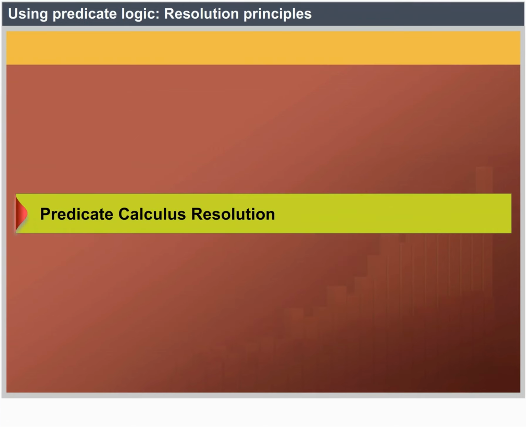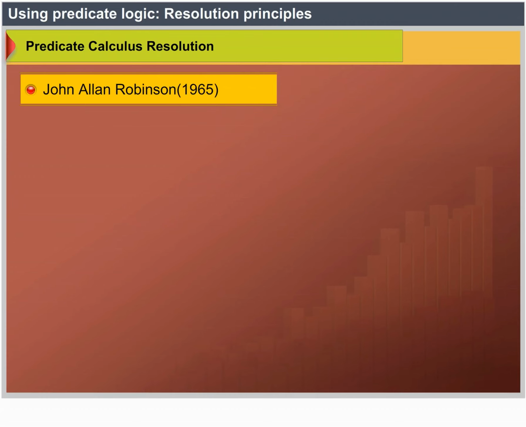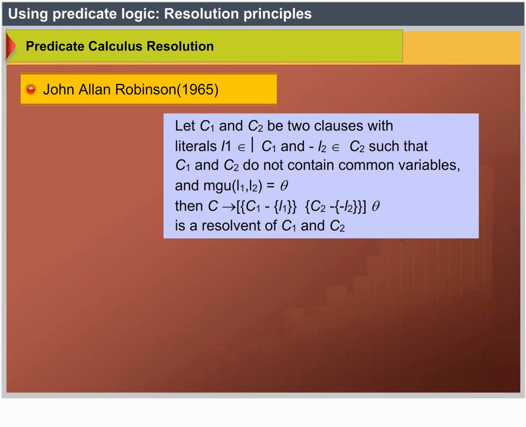Predicate calculus resolution, John Allen Robinson, 1965. Let C1 and C2 be two clauses with literals L1 belonging to C1 and not L2 belonging to C2, such that C1 and C2 do not contain common variables, and mu of L1, L2 is equal to theta. Then (C1 minus L1) union (C2 minus L2) theta is a resolvent of C1 and C2.